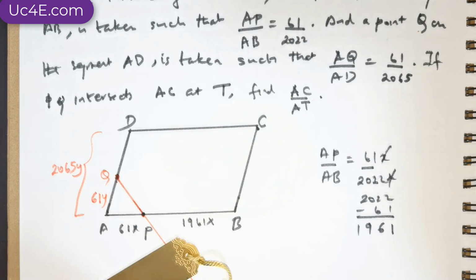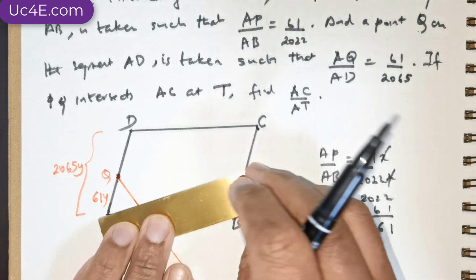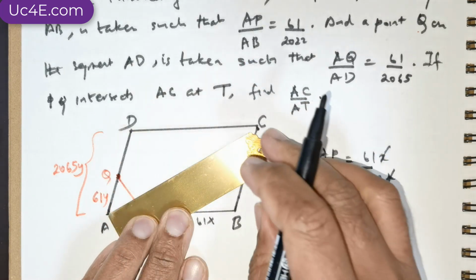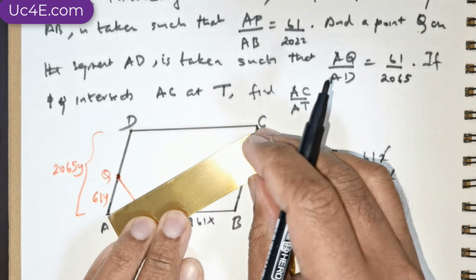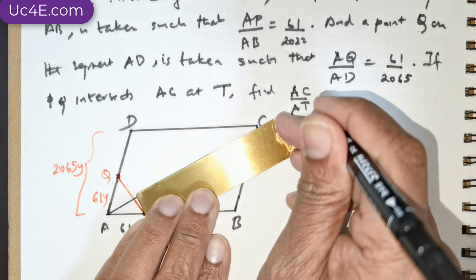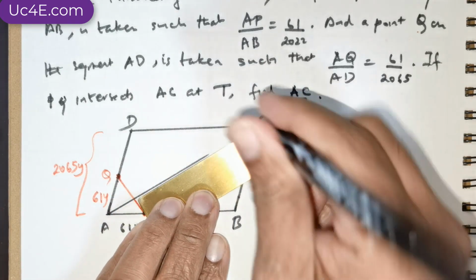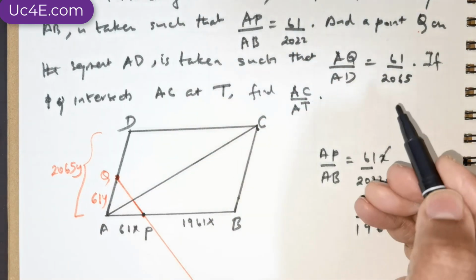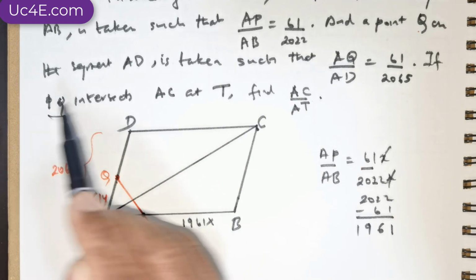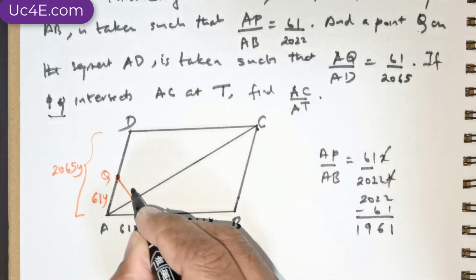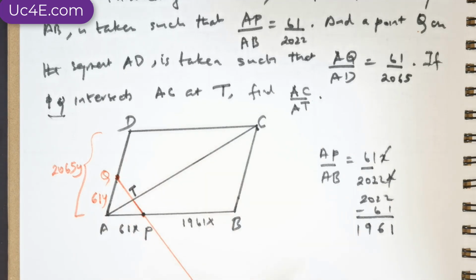So to counter that intersection, I am extending the line segment. So let me draw this AC. So this is AC, and it is given that this line segment PQ intersects AC at T. So this is going to be T.